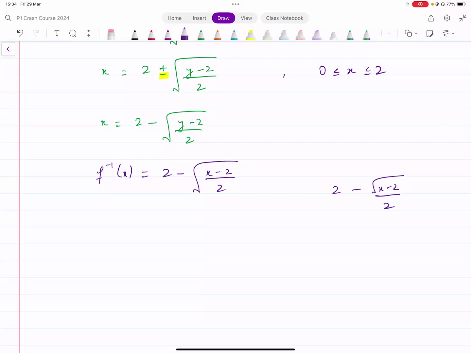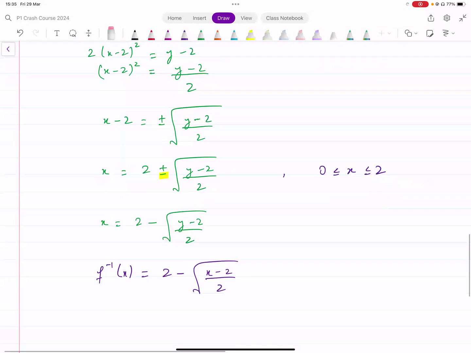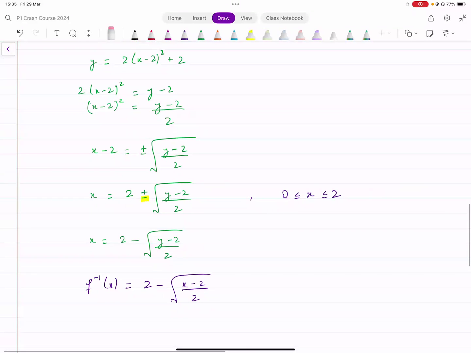It should be very clear that the square root applies to both the numerator and the denominator. If you just write the square root like this, it basically says that the square root is only on the numerator and not on the denominator. So it should be very obvious from your writing that the square root is on that whole fraction, okay? And that's the inverse function. That is what we were looking for. Make sense?